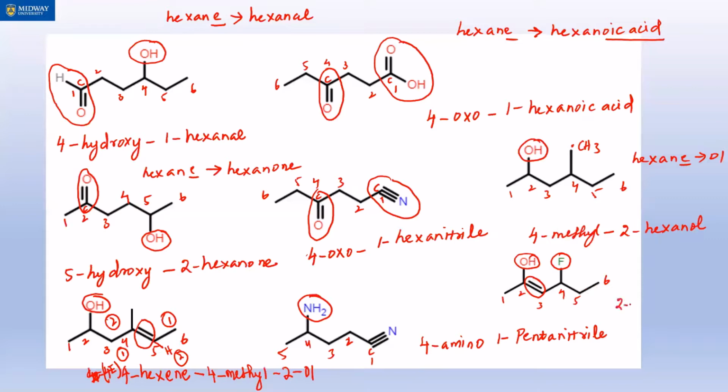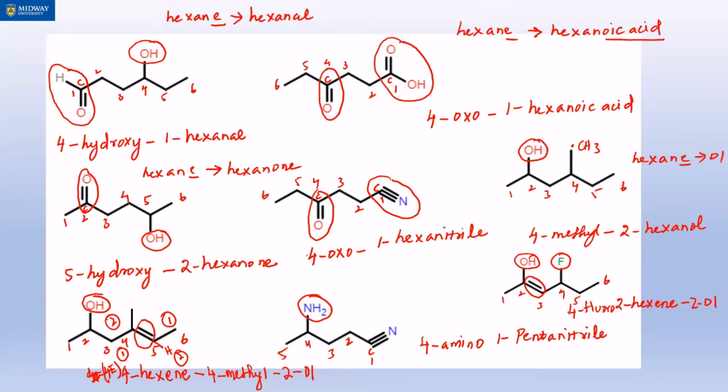So first write 2-hexene, okay? 2-hexene, right? The fluoro group, F comes before H, so it'll be 4-fluoro, 2-hexene, and then the alcohol group is the highest priority, so its suffix is OL, and it's also in the second position, so 2-hexene-2-ol.